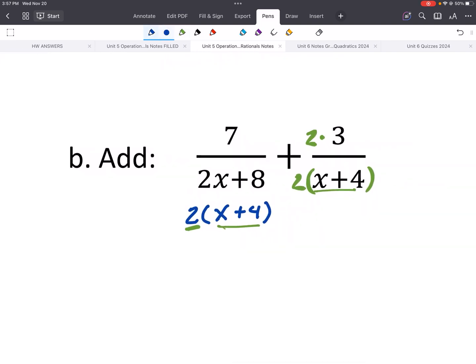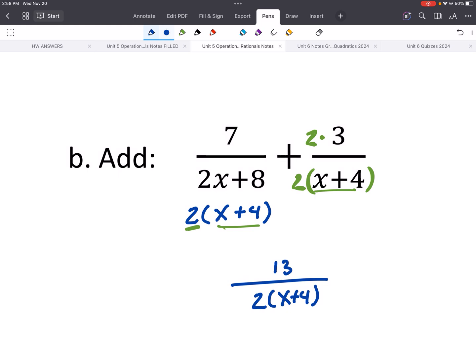So the denominator would be 2 times x plus 4. And for the top, this is 7 plus 2 times 3. We would get 7 plus 6, which is 13. We always want to check and see if there's any other type of factoring we could do, anything we can factor, or anything we can cancel.